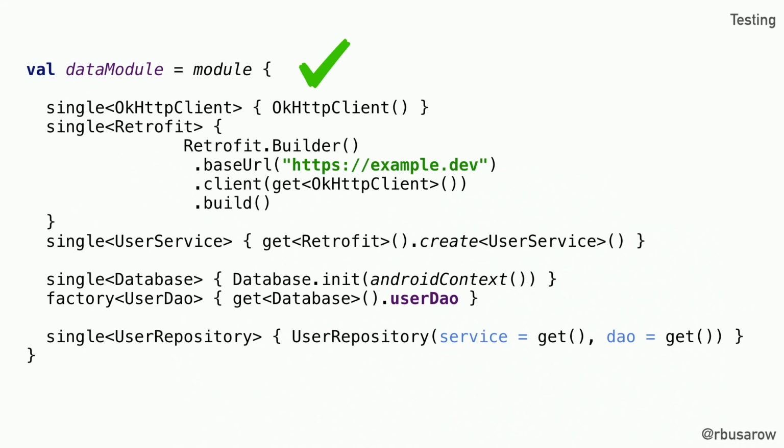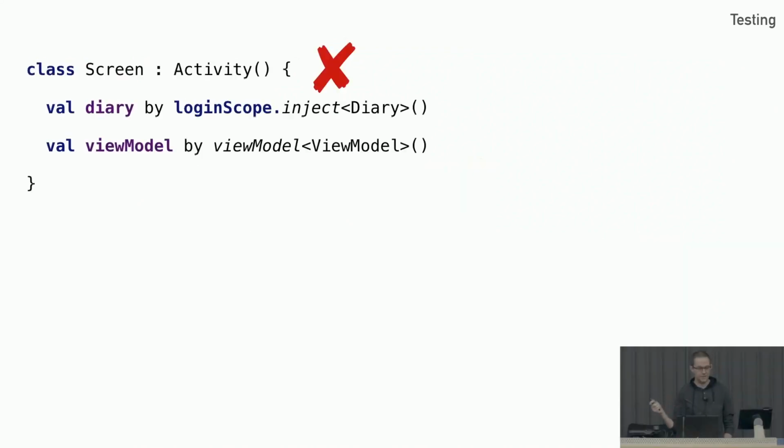It goes through every single component in every single module in your entire graph and makes sure that nothing that you're saying you can create will fail because you don't actually have something defined for it. So this module, if we didn't have an OkHttp client, everything would fail. It respects qualifiers, it respects scopes and scope sets, gives you everything you need.